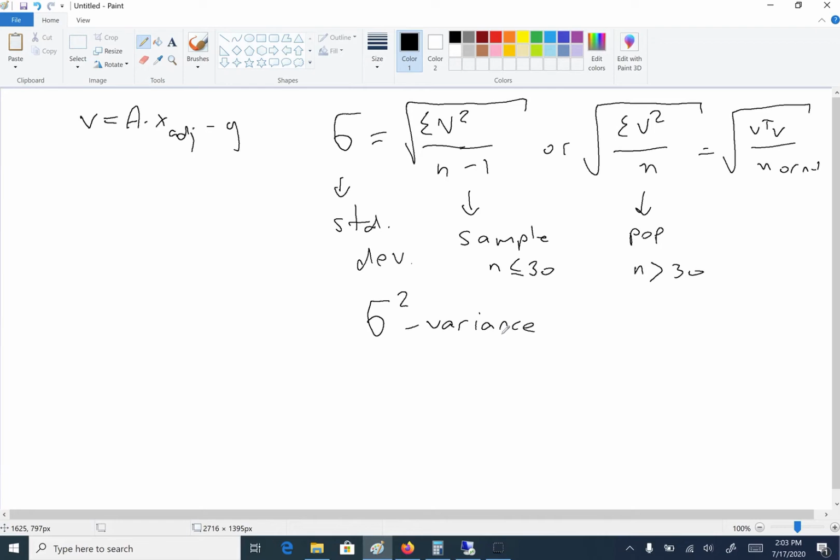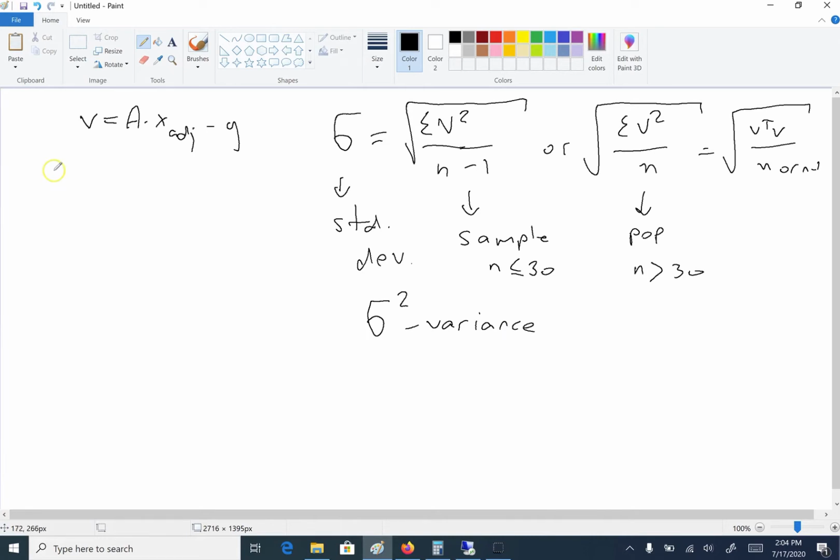And conversely, the bigger the standard deviation, the farther away the individual measurements are from each other. So in surveying, let's stick to surveying, the user usually always wants a low standard deviation.